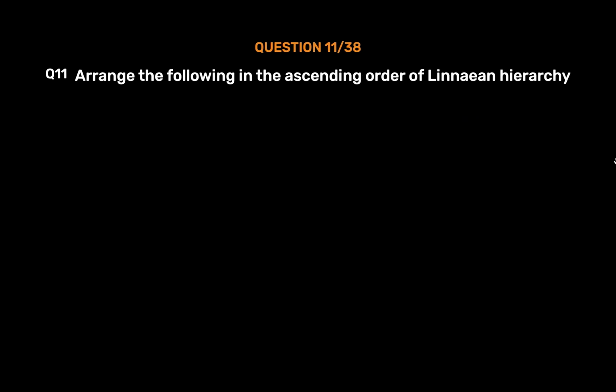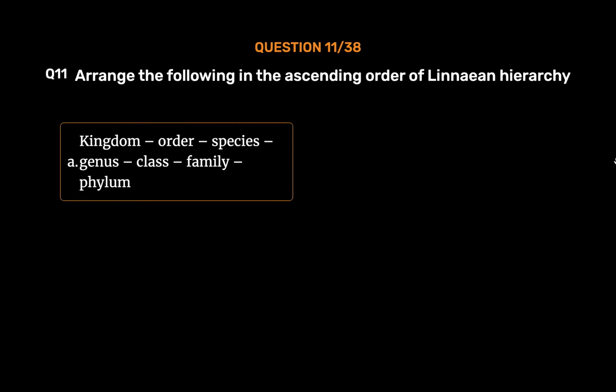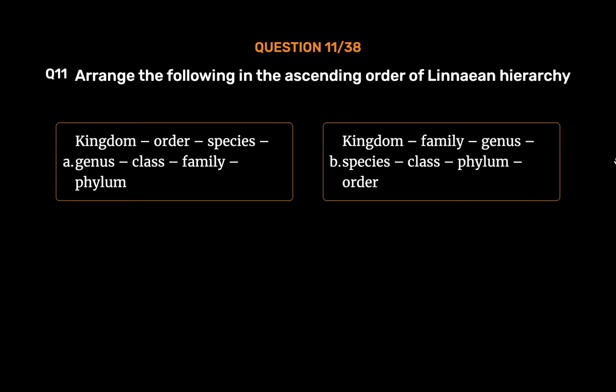Question number 11. Arrange the following in the ascending order of Linnaean hierarchy. Option A. Kingdom, order, species, genus, class, family, phylum. Option B. Kingdom, family, genus, species, class, phylum, order.